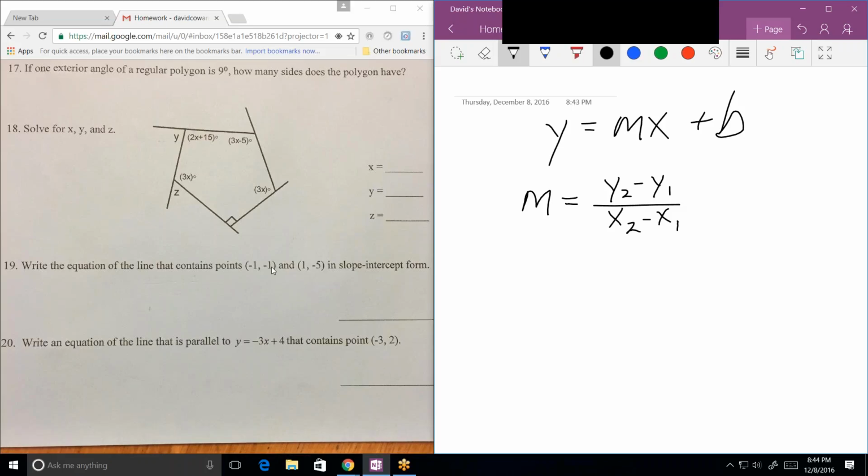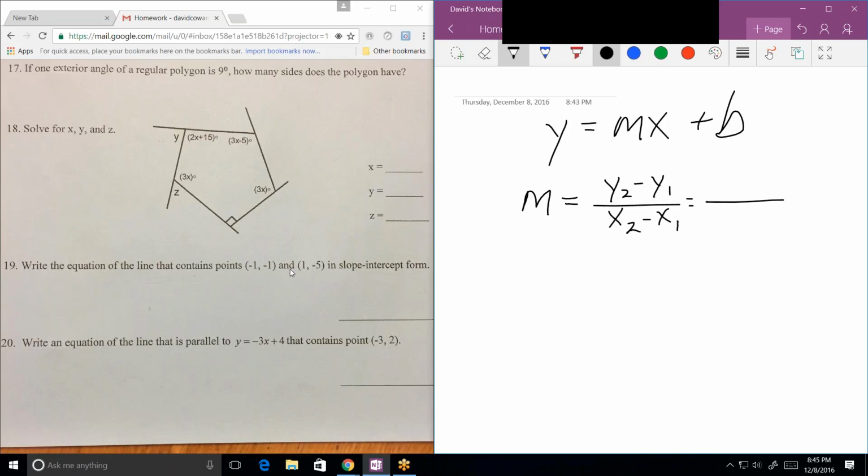In other words, to get the difference in the y's, I can go -1 minus a -5, or I can go -5 minus a -1. All I have to do is go the same way with the x, and I'll get the same slope regardless. So pick a direction. What's my numerator going to be? 4.